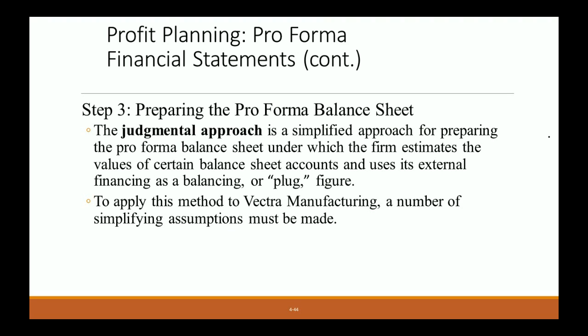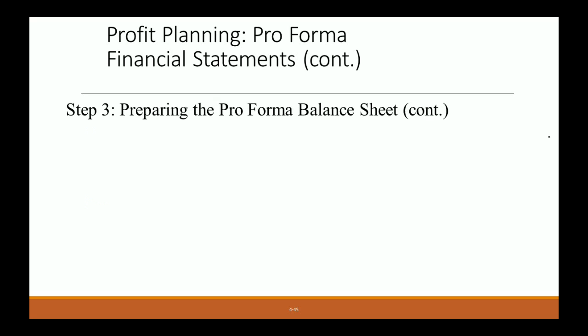A judgmental approach is used to develop the pro forma balance sheet. Here we're basically just using our best guess, and different assumptions will have to be made. So on Canvas, on your paper there, it has your 2013 assumptions. It says that there must be a minimum cash balance of $6,000. Purchases are 30% of sales.